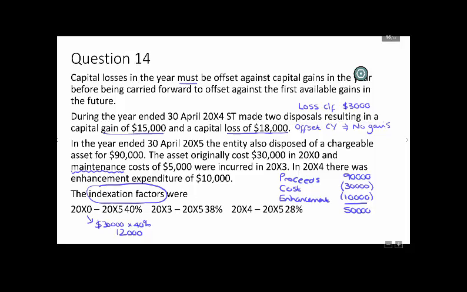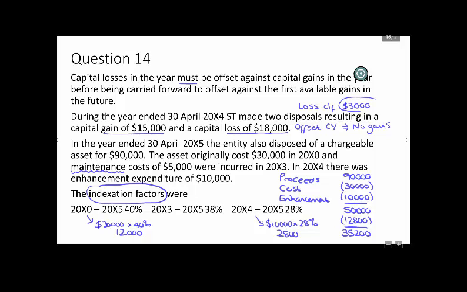In 2004, this is where our other cost comes in of $10,000, and we would use this 28% rate to give us further indexation to claim of another 2,800. So in total, we're able to reduce this gain here by indexation allowances of 12,800, which means that we get a gain of 35,200.